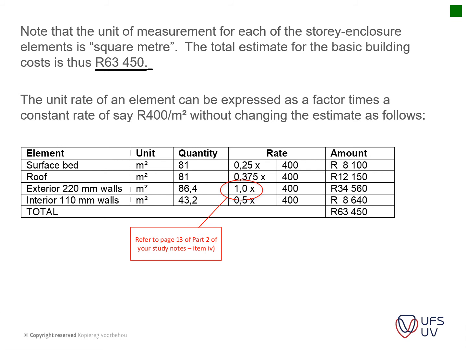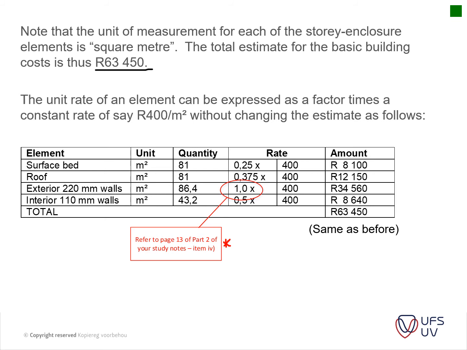You can refer to page 13 of part 2 of your study notes for a bit of an explanation of how they got to the 400 Rand and a factor of 1. But don't worry too much about that. That will usually be given in the questions.